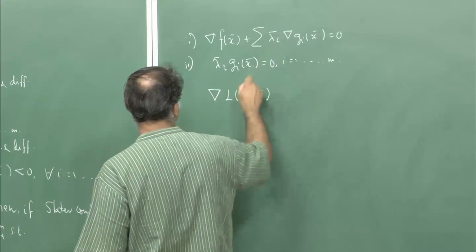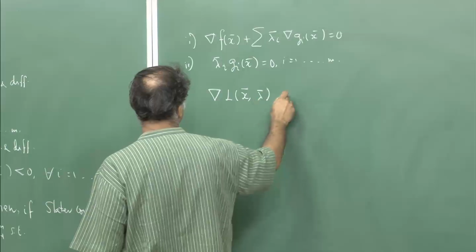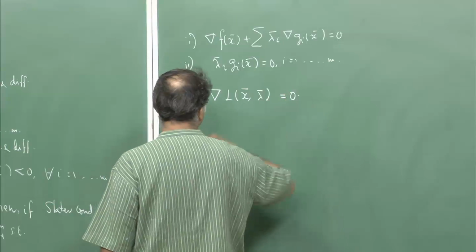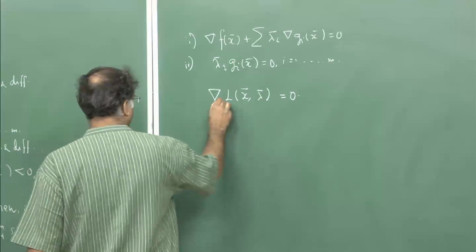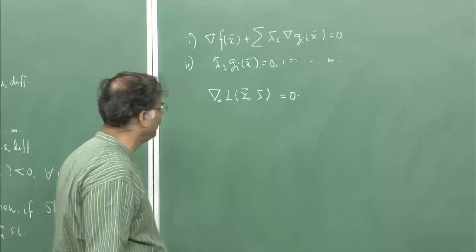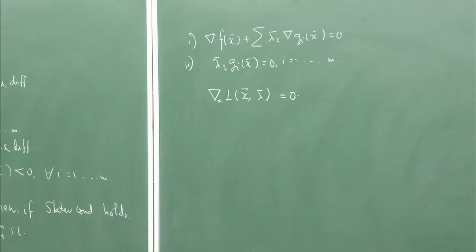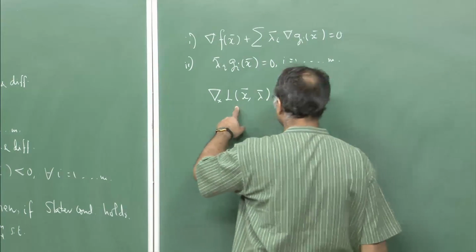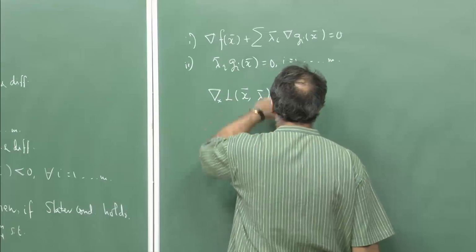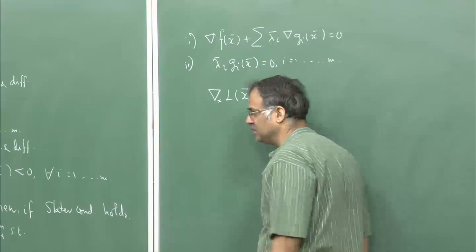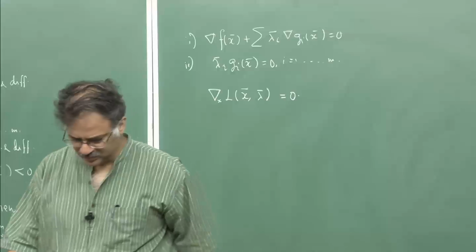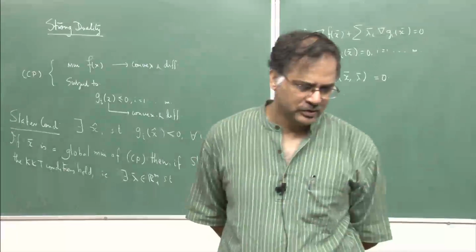If I fix my lambda bar, then this is 0, and the derivative is taken over x, the partial derivative is only over x. But the Lagrangian function f x plus summation lambda i g i x is a convex function for a fixed non-negative lambda.